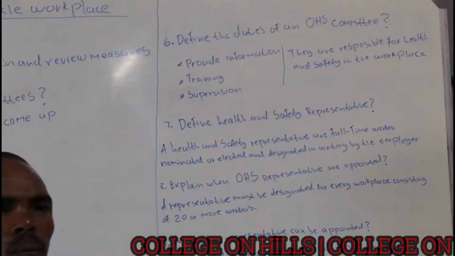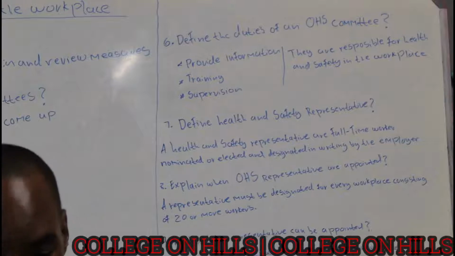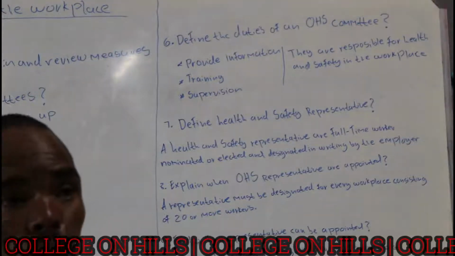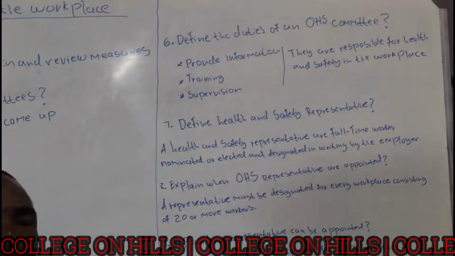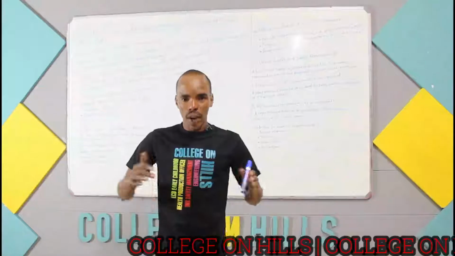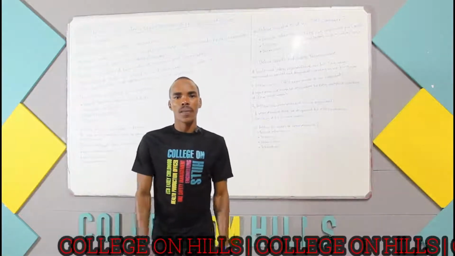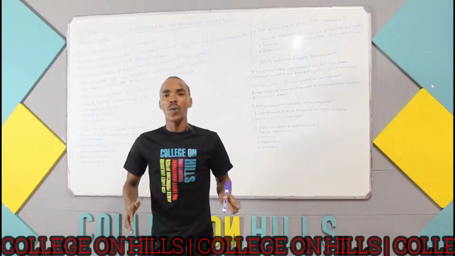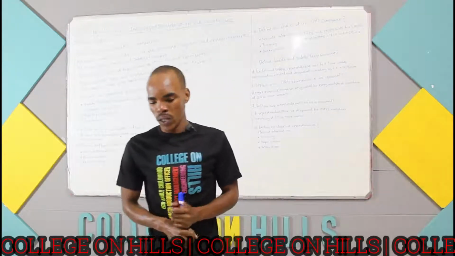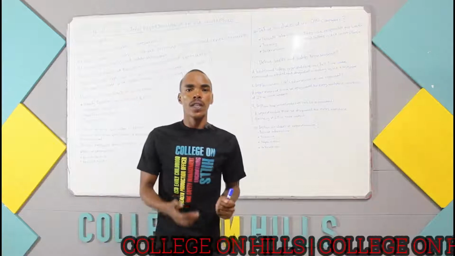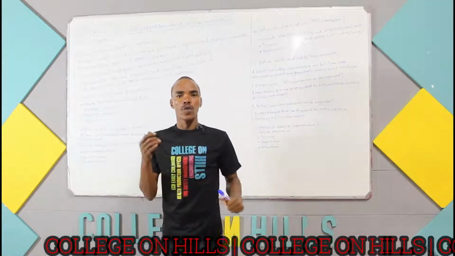then supervision. Yes, it's also a duty of the OHS committee to supervise the workers. No, not the employers, the employees in the workplace, because sometimes you find employees not working in a place where they are designated.